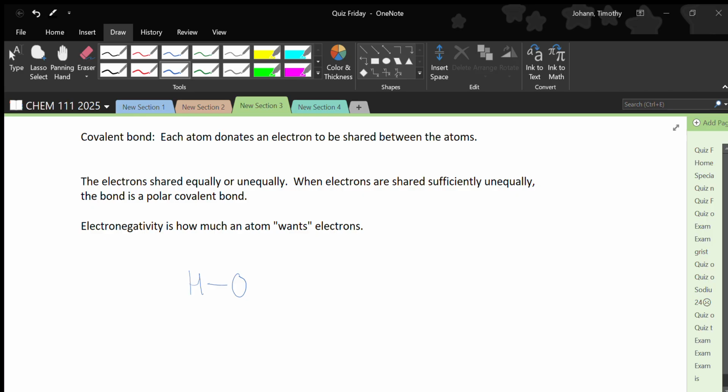What was it? The oxygen wants electrons more, all right? And so the way we would draw that is we like to draw these little arrows that point to where the electrons are going. And then we put a little plus sign over here to show the plus side, okay? So what we have here is we have a plus side and a minus side.